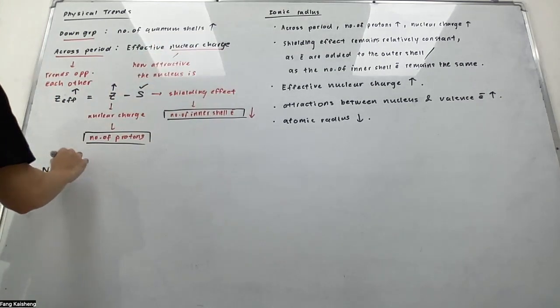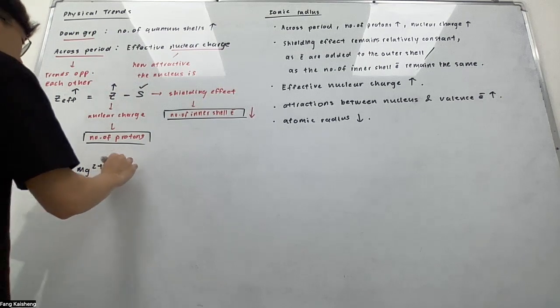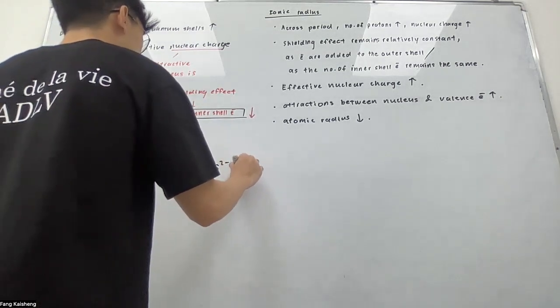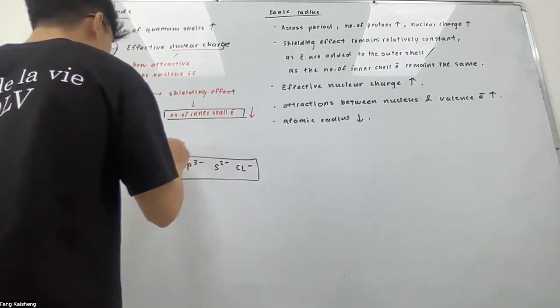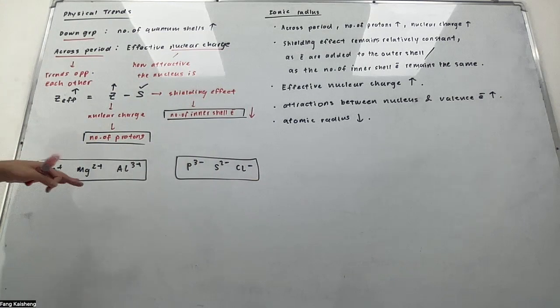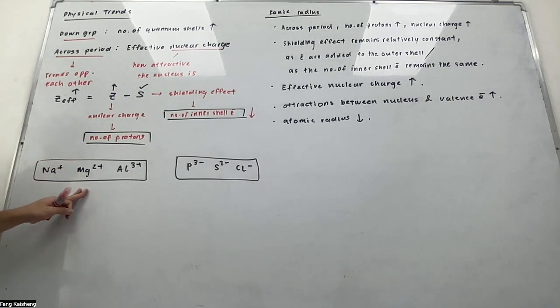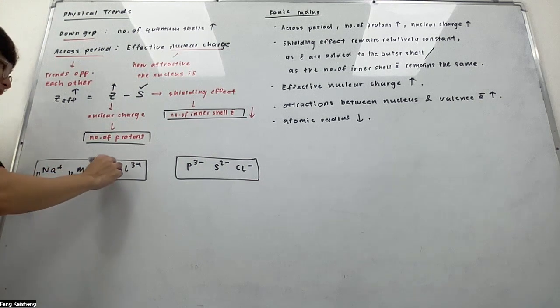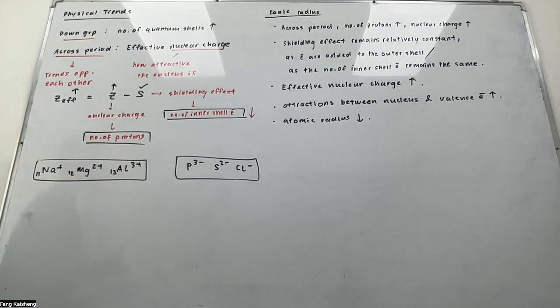Okay, first, we have the cations on the left-hand side. But then on the right-hand side, we have all the anions. Now let's take a look. Between these two groups over here, let's check for a few things. Can you tell me how many electrons are there in the cations? Let me show you the proton number, 11, 12, and 13. So how many electrons are there?